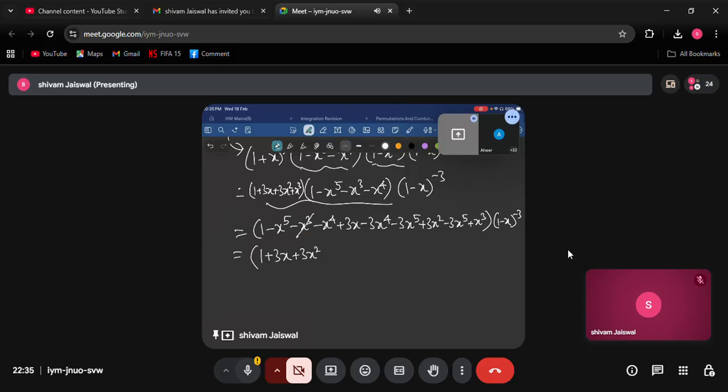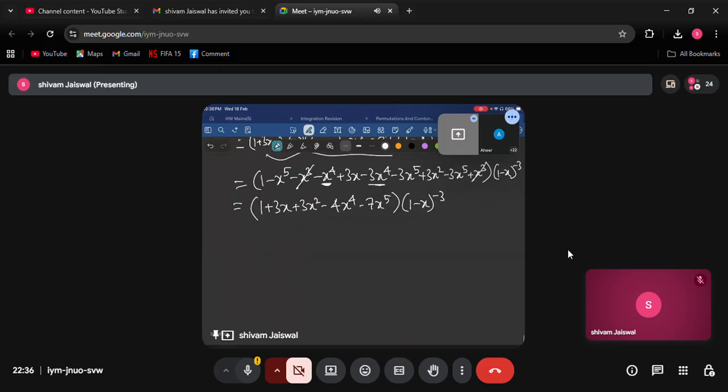There's no other x cube term, I guess. Minus x to the power 4, minus 3x to the power 4, so minus 4x to the power 4. And minus x to the power 5, minus 3x to the power 5, minus 3x to the power 5, I guess minus 7x to the power 5, into (1 minus x) whole to the power minus 3.